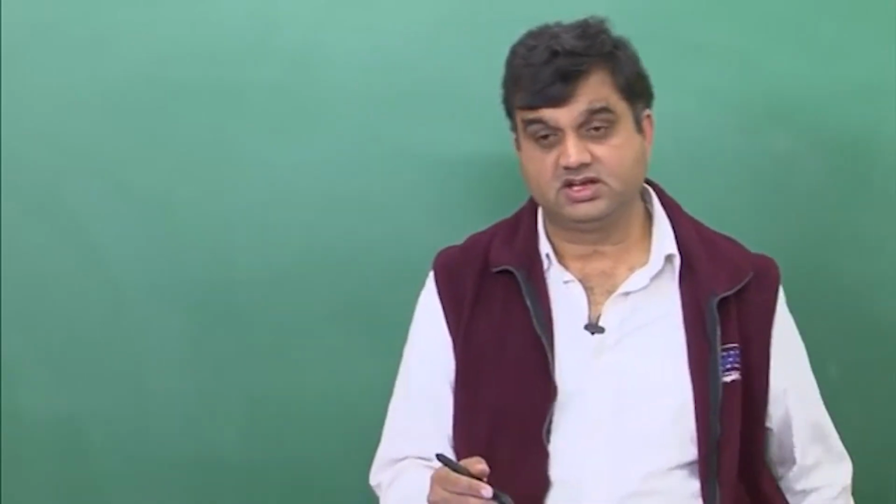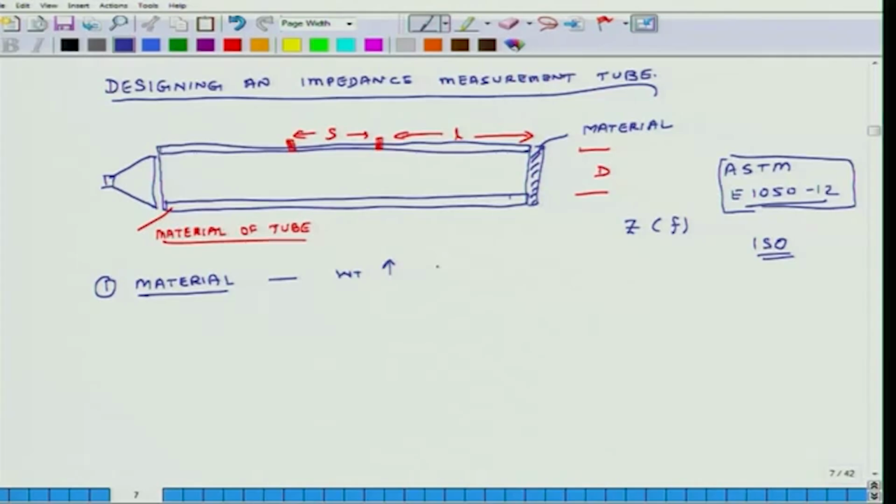The weight is there to ensure that outside noise does not come in through the wall. Of course it can leak through the ends, so we have to make sure the ends are tight, but the outside wall should be as heavy as is practically possible.